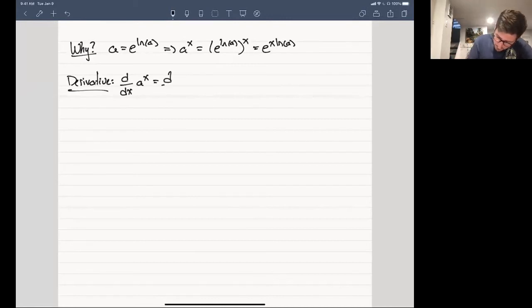Well, by definition, this is the derivative of e to the x times ln a, which is, in this case, a chain rule. The outer function is e to the x. The inner function is x times ln a.